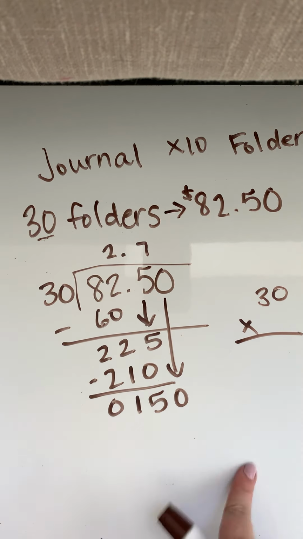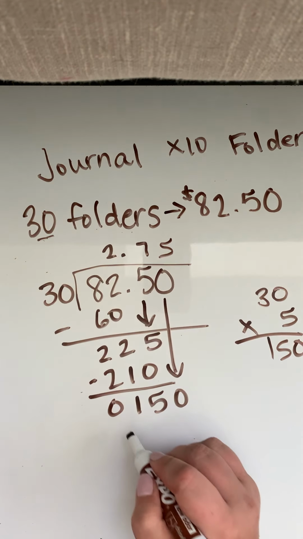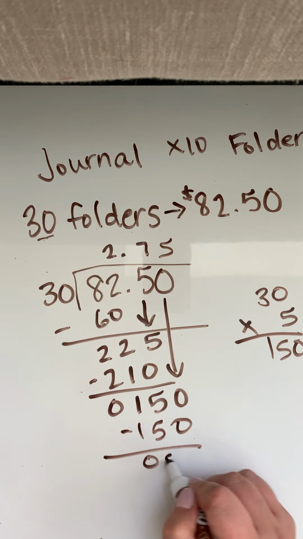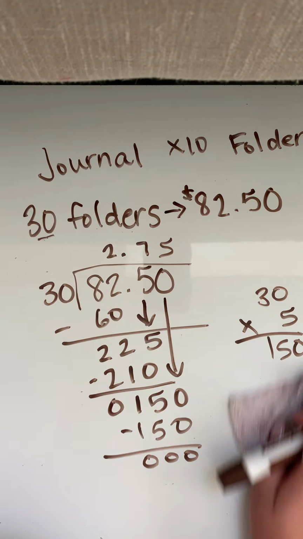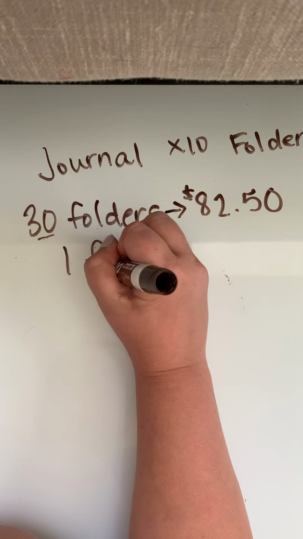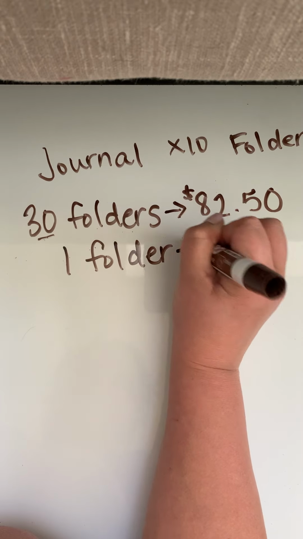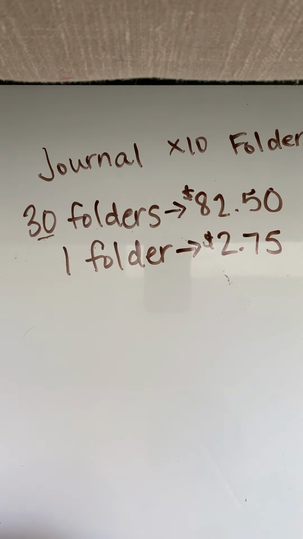I know that 3 times 5 is 15. And the 0, let me try that. 0, oh, yep. All right, so each folder costs $2.75. So one folder costs $2.75, right guys? We just figured that out.